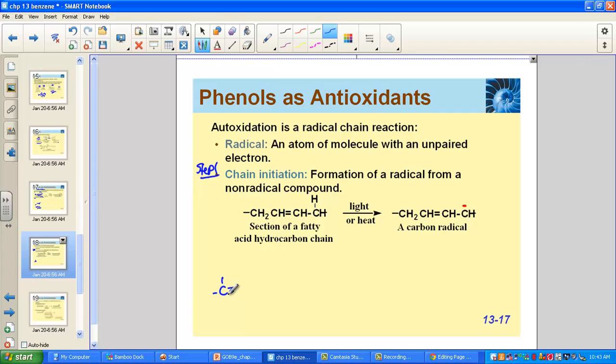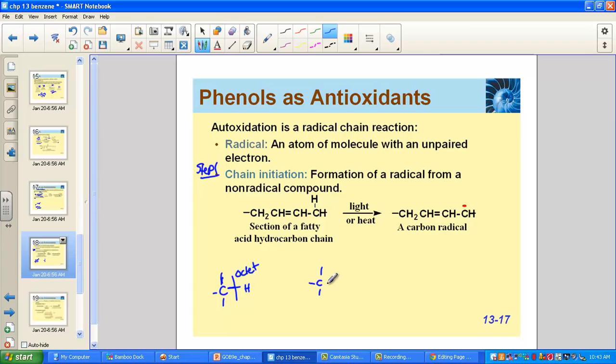Just a little side note, we know that carbon needs to have 4 structural bonds to create the octet, which is 8 electrons. These structural lines we know to represent a single bond. If I break the bond between the carbon and the hydrogen, for that moment in time, let me erase that and draw that better.